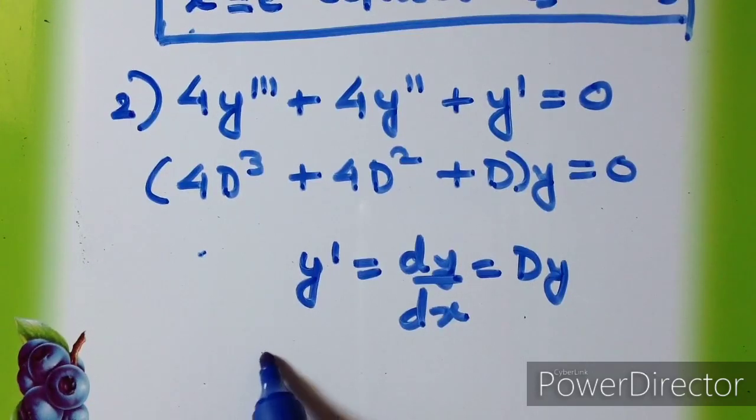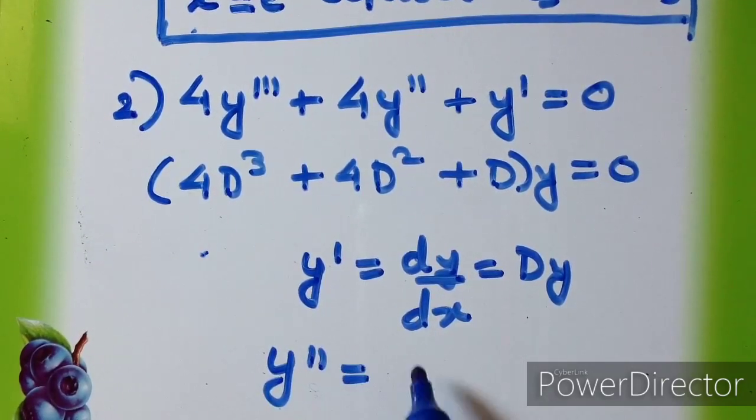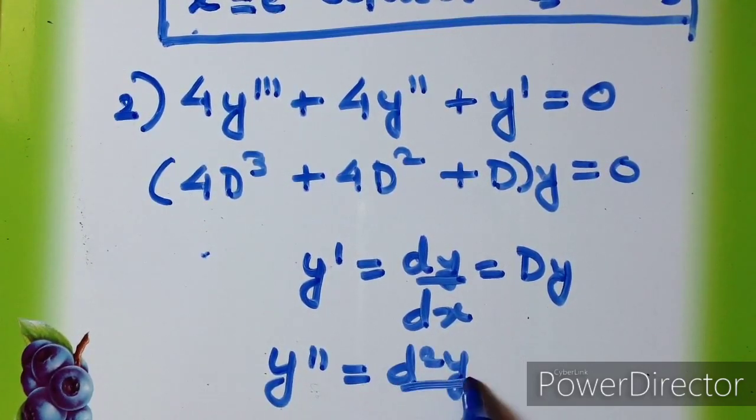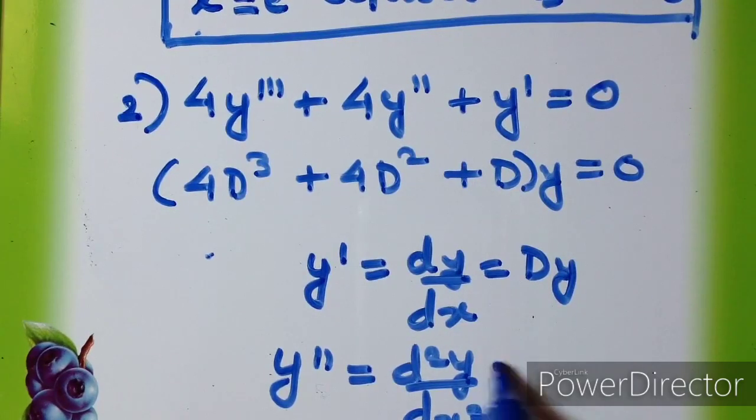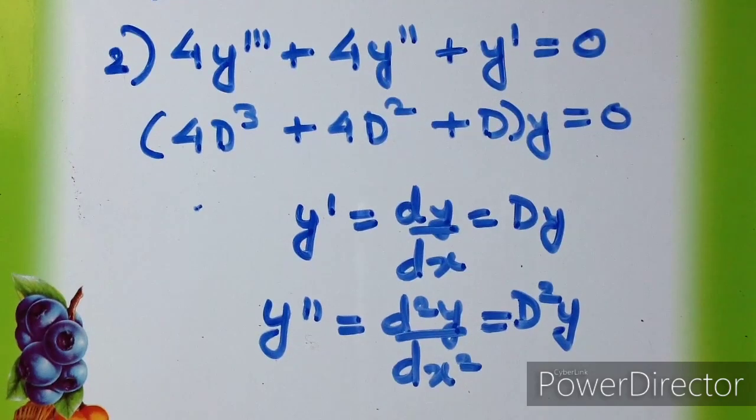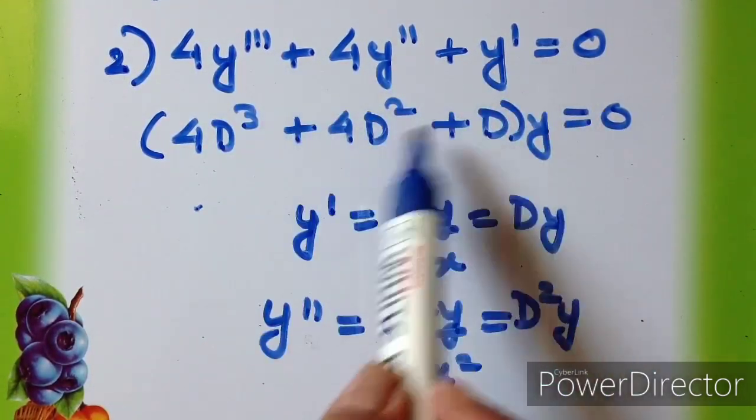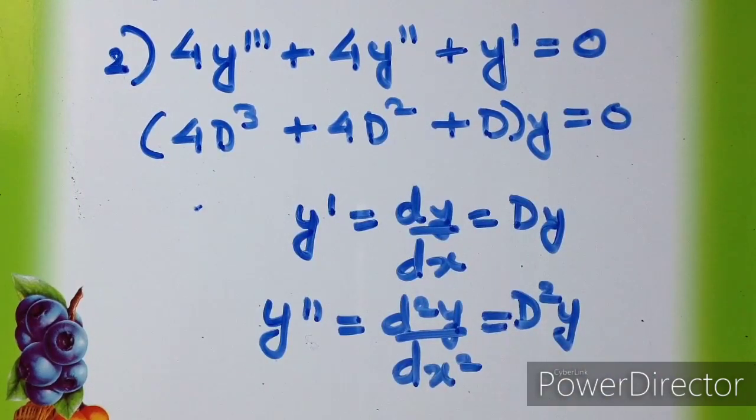Similarly, if we write y double dash, this is nothing but d²y/dx², and in operator notation it is D²y. This way I have simplified this particular equation and written it like this.